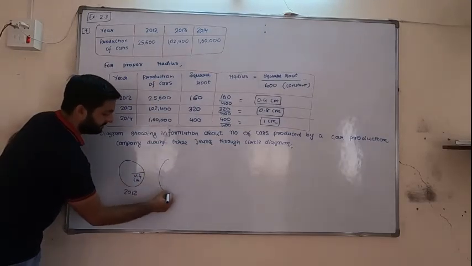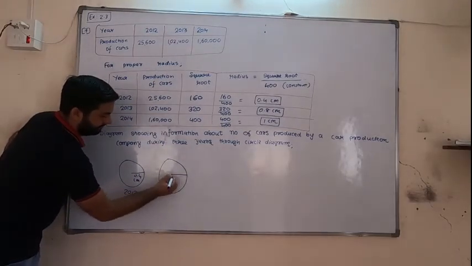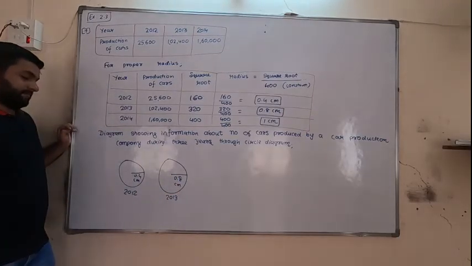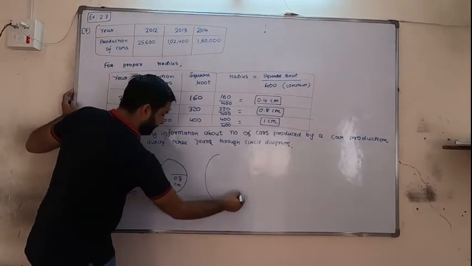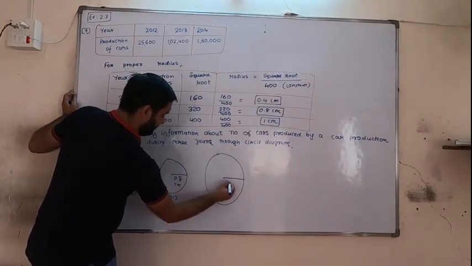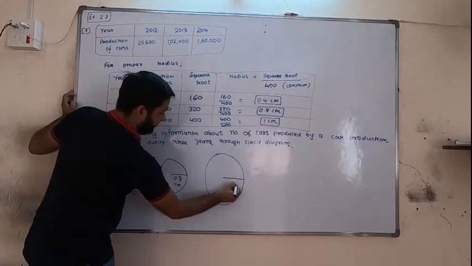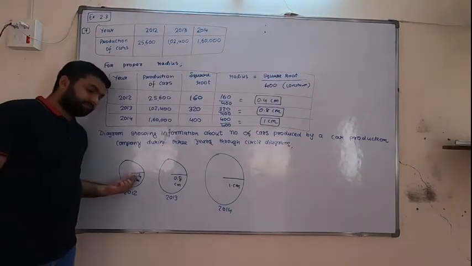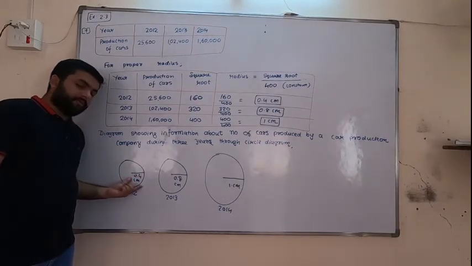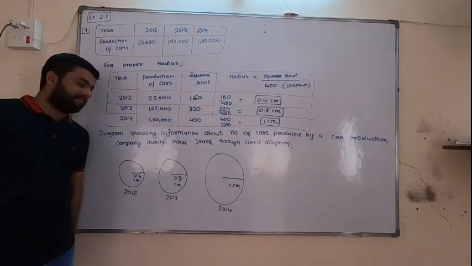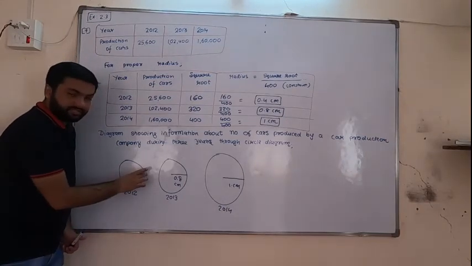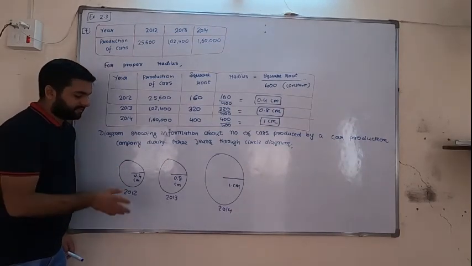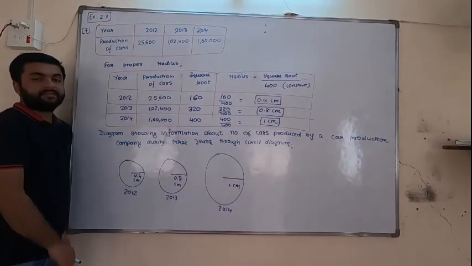Then a little bit bigger, 0.8 centimeter, 2013. And then 1 centimeter. Draw like this, then measure with your scale. First you measure, then you check and write yes.